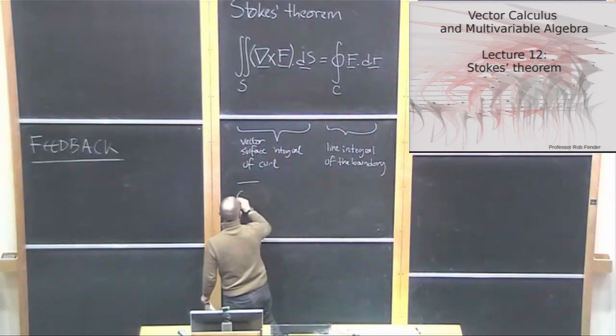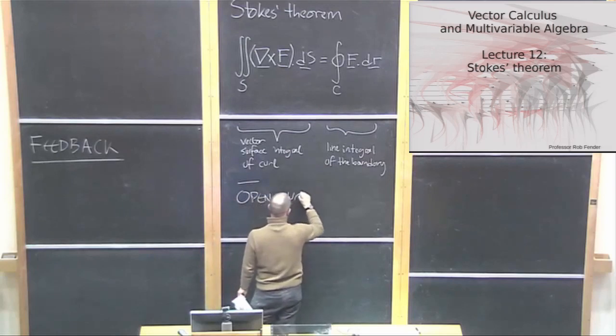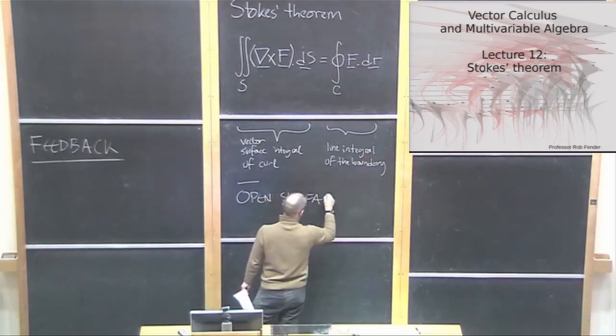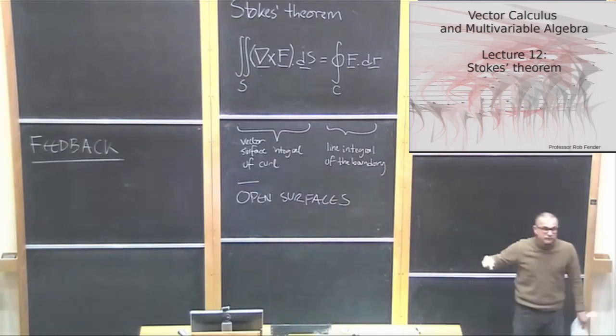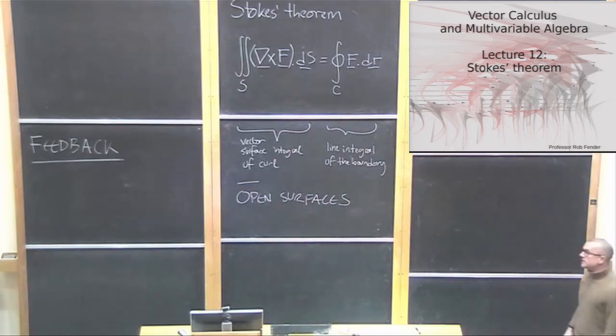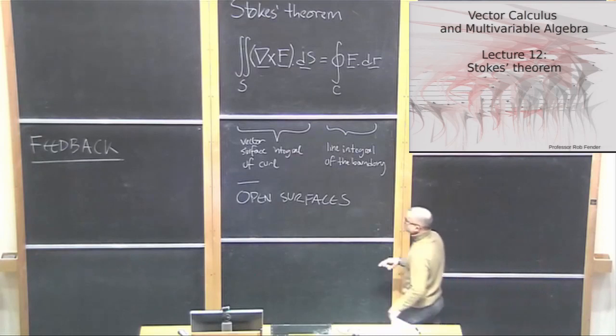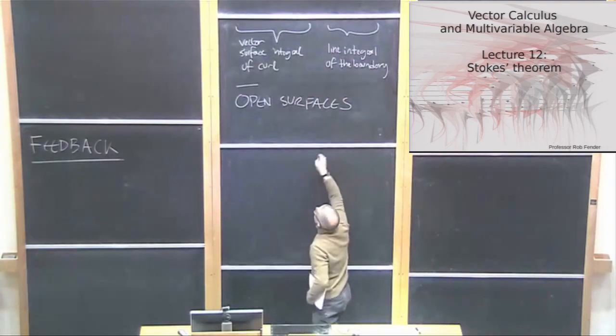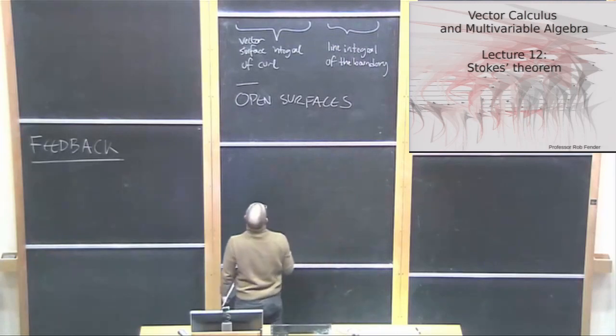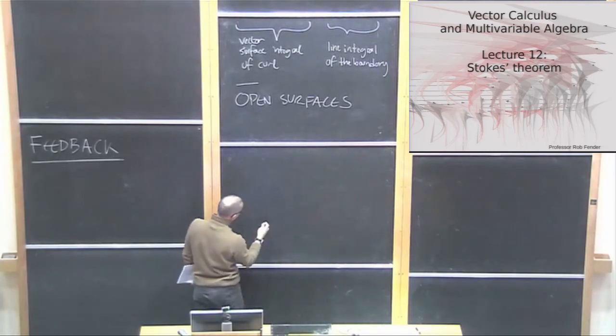So this only works for open surfaces. I'll illustrate in a moment exactly what this means, but yesterday when we were talking about the divergence theorem, it only works for closed surfaces. Stokes' theorem only works for open surfaces. So let me give you an example of what I mean here.